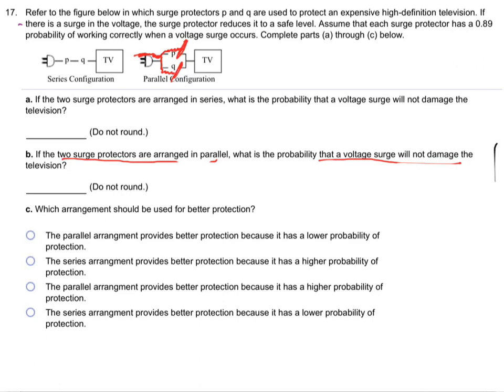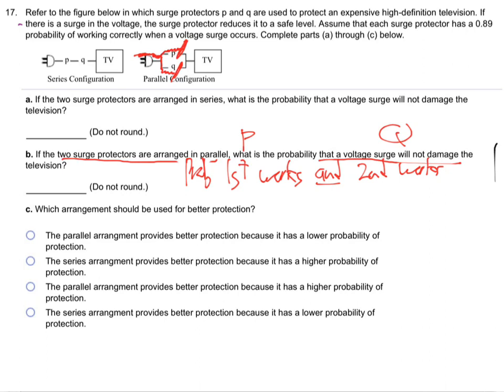So basically, what's the probability that the first works and the second works? Meaning P works and Q works. That's what you got to have, right? You got to have them both working to block it for it to work.